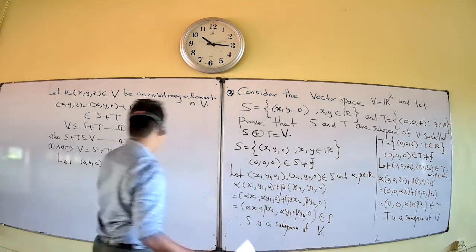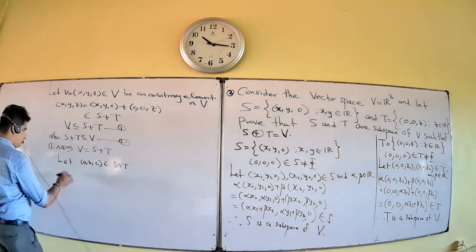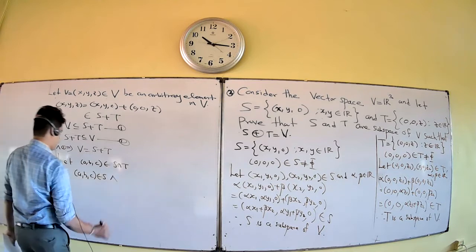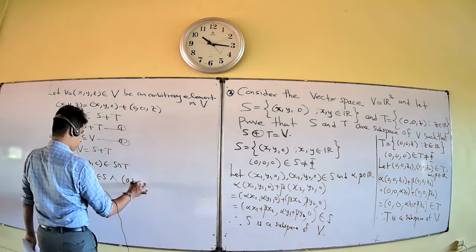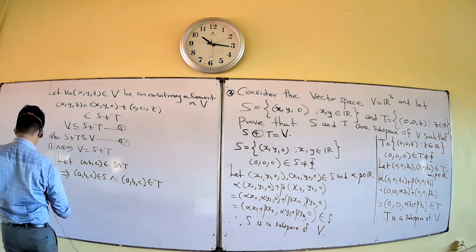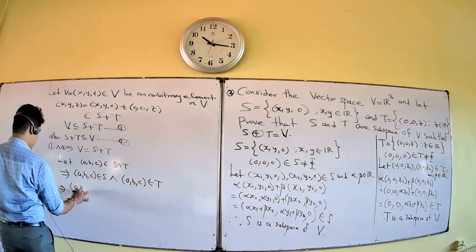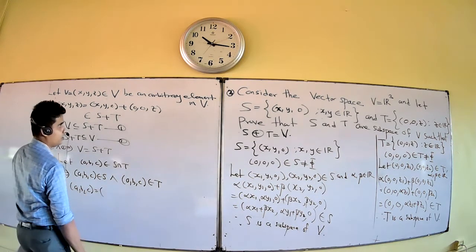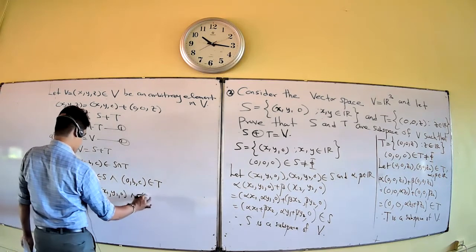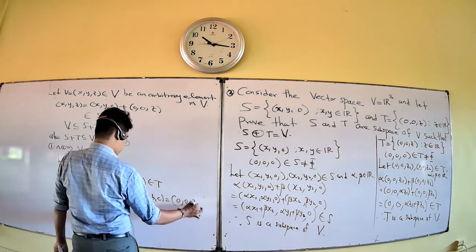Therefore, you want to find that these a, b, c values are all 0. So (a, b, c) belongs to S and (a, b, c) belongs to T. (a, b, c) belongs to S means (a, b, c) is of the form (x1, y1, 0), and (a, b, c) is of the form (0, 0, z1).